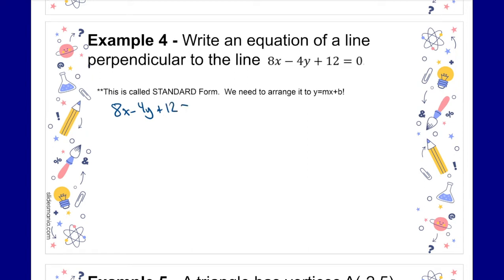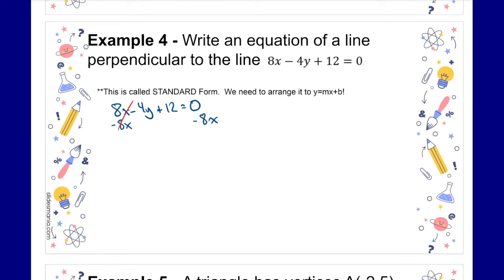So essentially what we need to do is have y on one side and the mx and the b, basically the two other terms, on the other side. So we can move things or rearrange things similar to when we were solving equations. So if I want to cancel out 8x on one side, I'm going to do the opposite, or subtract.